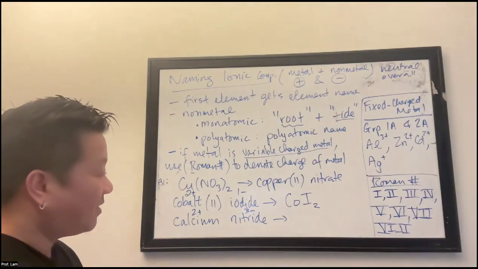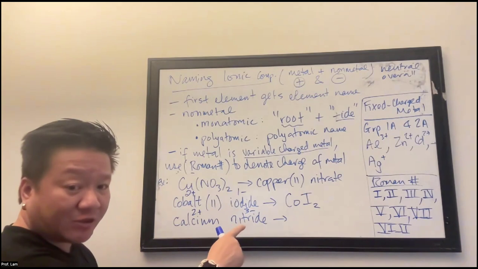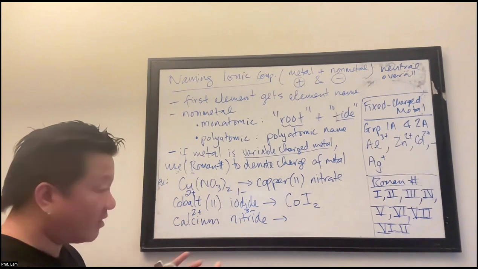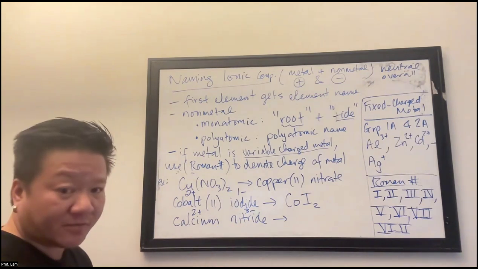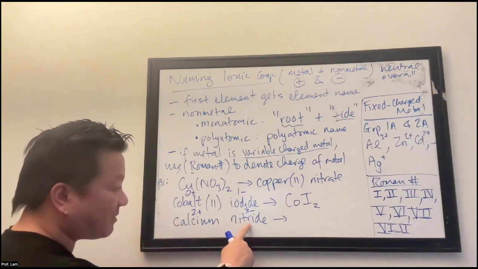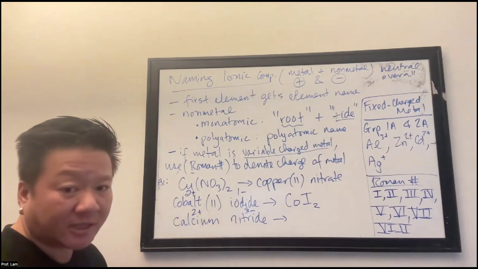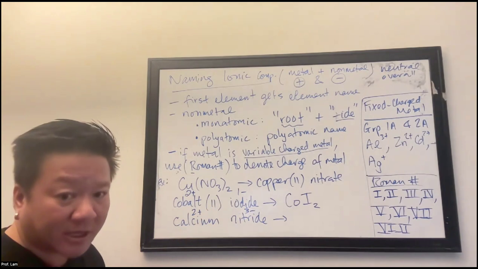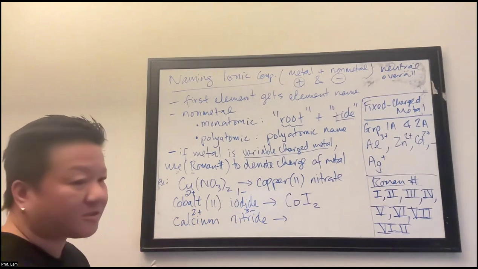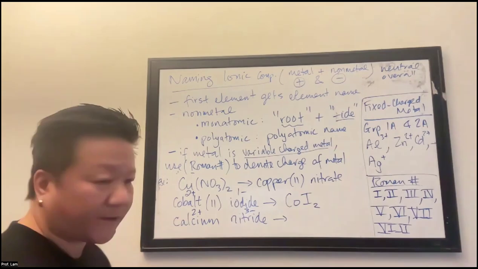Now think about how many calciums you need and how many nitrides you need in order for the number to go down to 0. If you just do 1 calcium and 1 nitride, you see that the charges are not going to cancel out. 2 plus and 3 minus don't cancel out. So the trick is to think about the lowest common denominator between 2 and 3.